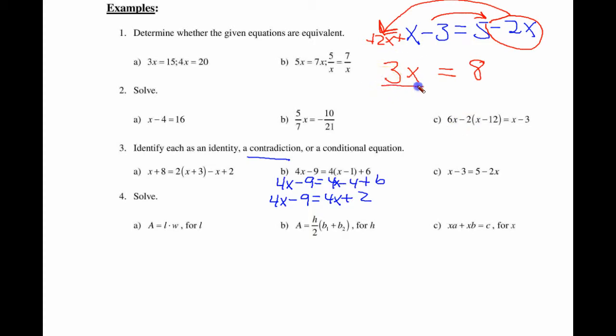Now to solve it, we're going to divide by the numerical coefficient of our variable, which is 3. And we say our unique solution for this is x equals 8/3. And that would be a conditional equation.